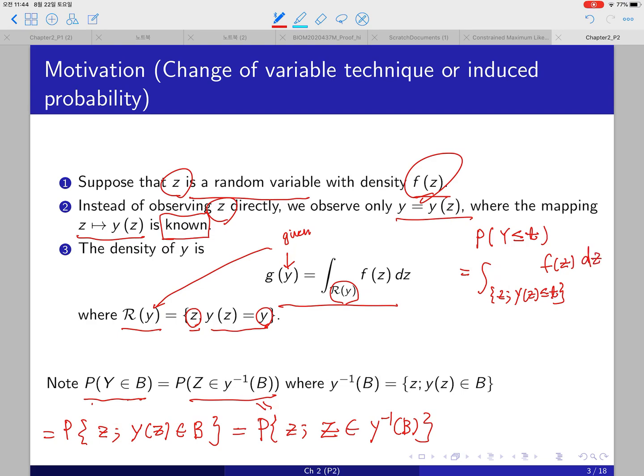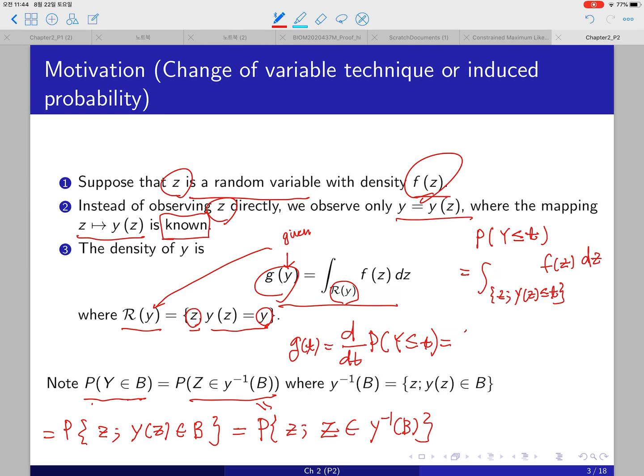That is the CDF, but we are interested in obtaining the PDF. So we want to compute g(t), where for the PDF we use g. g(t) is the derivative with respect to t of the CDF.